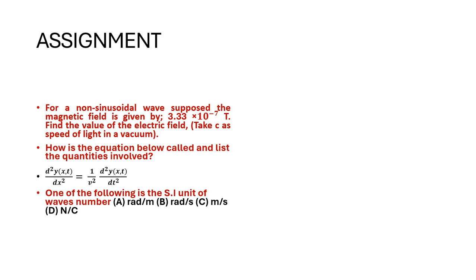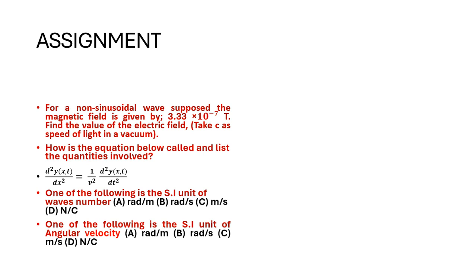This one says, one of the following is the SI unit of wave number. We have treated that, so I would like you to answer that for yourself. One of the following is the SI unit of angular velocity. Solve that for yourself.